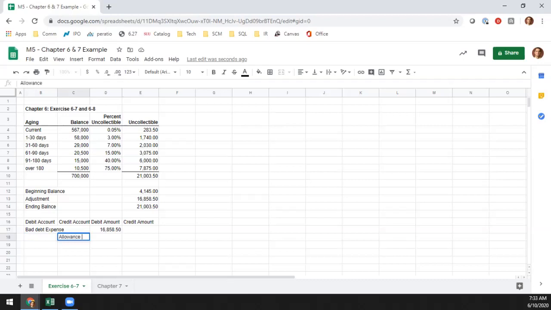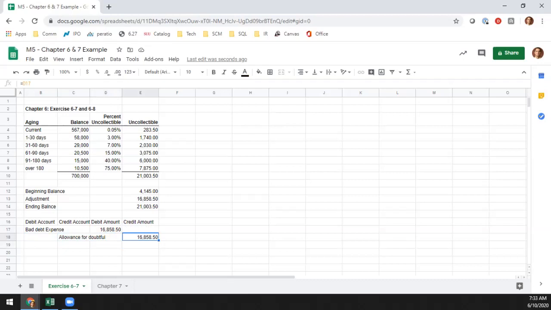Now remember, allowance is an asset that's called a contra account. And so we're going to increase the contra account with a credit, but that decreases our assets.